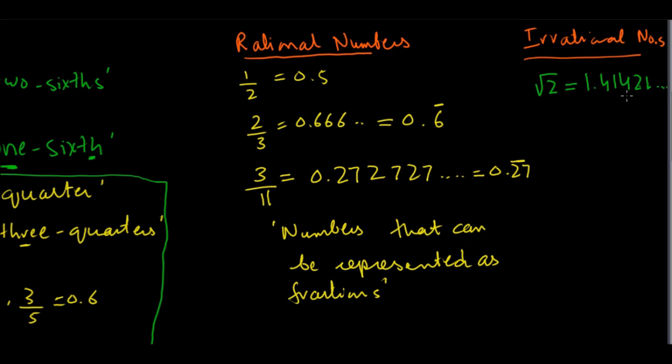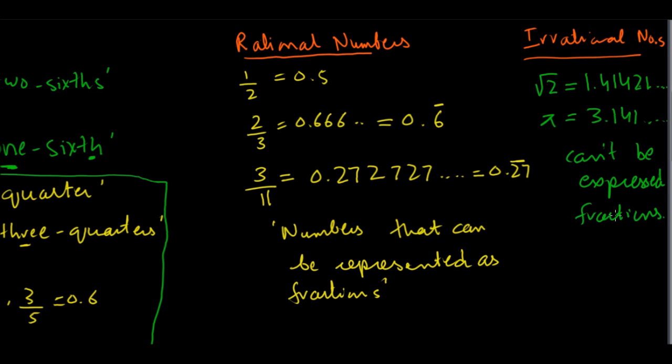It doesn't follow any pattern. You cannot write this as a fraction at all. Another important number for GRE, pi, which is equal to 3.141 and so on, right? These can't be expressed as fractions. So it's a very simple definition for these two, rational and irrational numbers. Good.